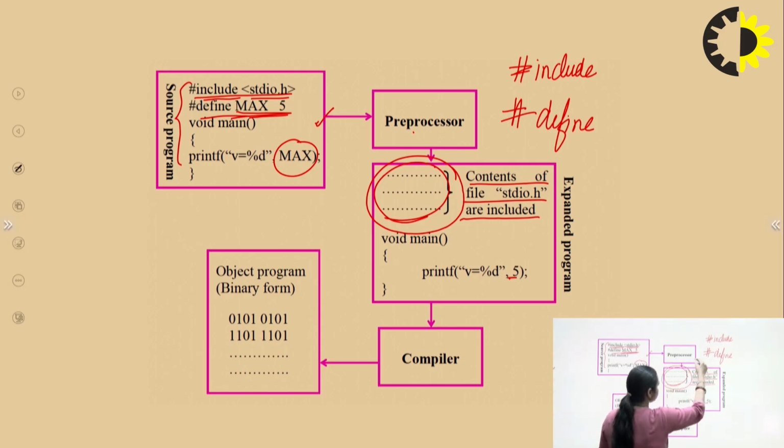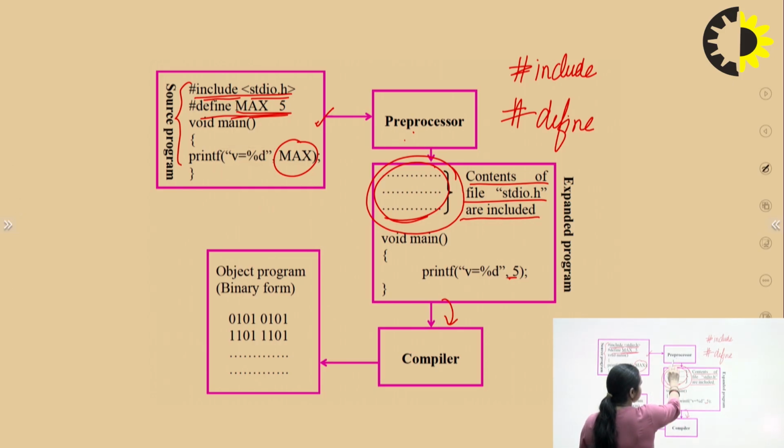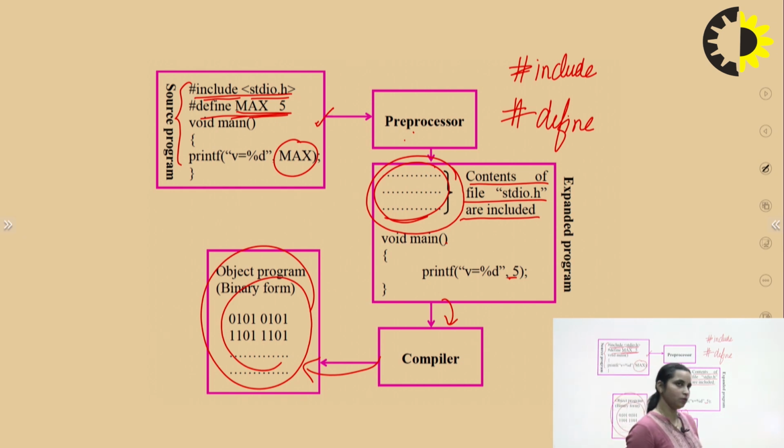So the preprocessor is giving this program as input to the compiler for compilation. The preprocessor has prepared it into such an input so that it can be given to the compiler, and the compilation will be in the form of an object program, or you may say binary form. That is how our preprocessor works, right?